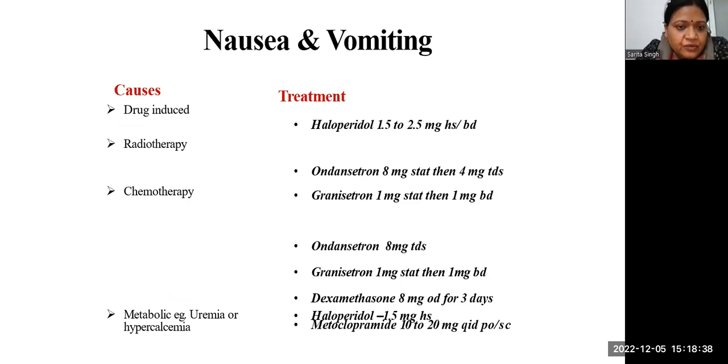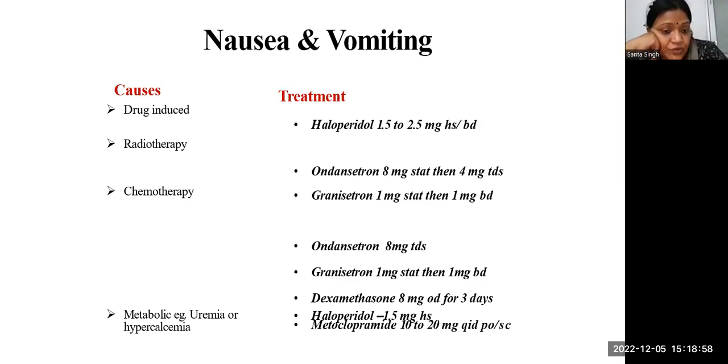What treatment will you give in the drug-induced vomiting? So drug-induced vomiting, in radiotherapy, chemotherapy, the drug of choice is haloperidol. We can give 1.5 to 0.5 milligram OD or BD depending upon the frequency of the vomiting.